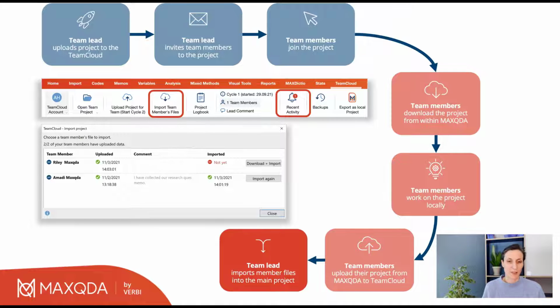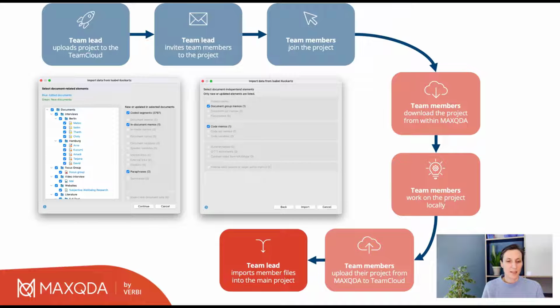If the team lead now clicks on Import, the team lead will see all of the information that has been changed or added to the project and can select precisely which data they want to import or which data they want to ignore, and then import all of the team members' work into the main project file that is still on the team lead's computer.